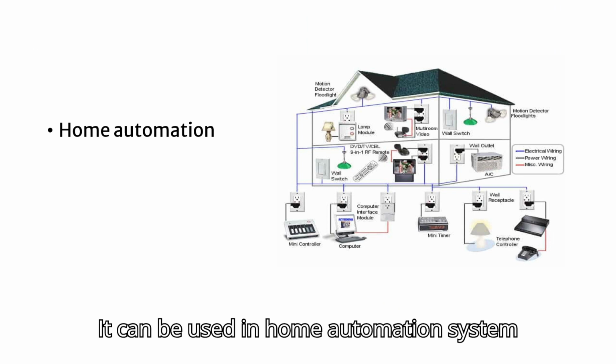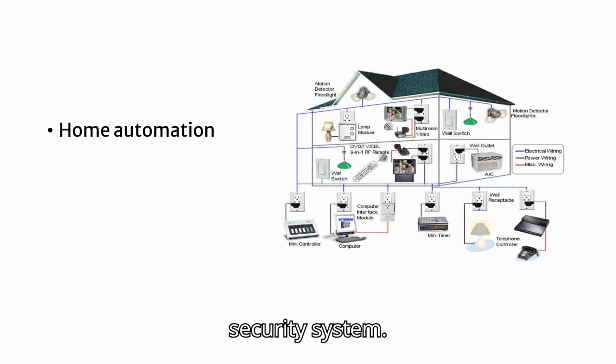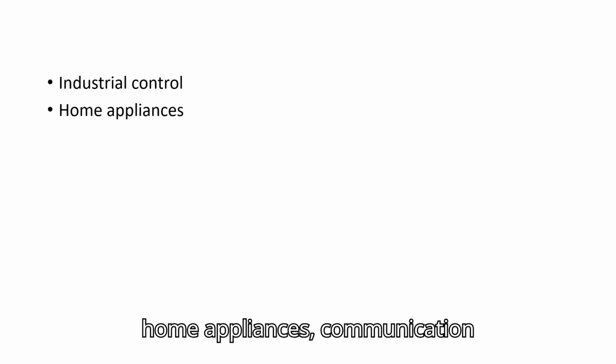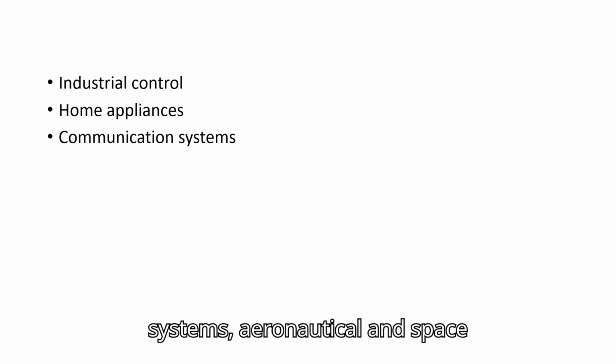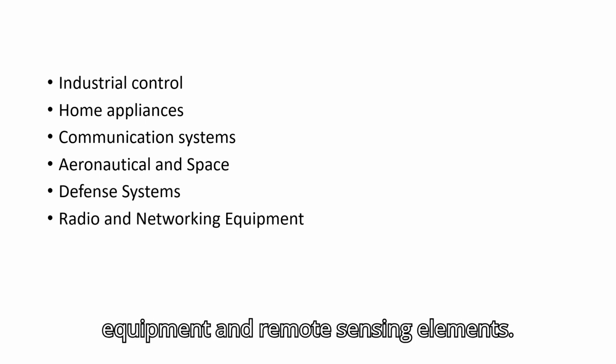It can be used in home automation systems to control lighting, temperature and security systems. 8051 can be used in industrial control, home appliances, communication systems, aeronautical and space, defense systems, radio and networking equipment, and remote sensing elements.